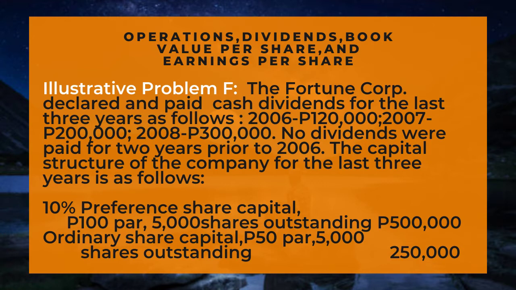The capital structure of the company for the last 3 years is as follows: 10% preference share capital at 100 pesos par, 5,000 shares outstanding, 500,000 pesos; ordinary share capital at 50 pesos par, 5,000 shares outstanding, 250,000 pesos.